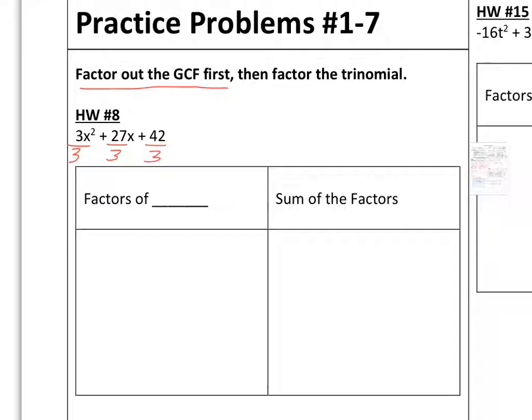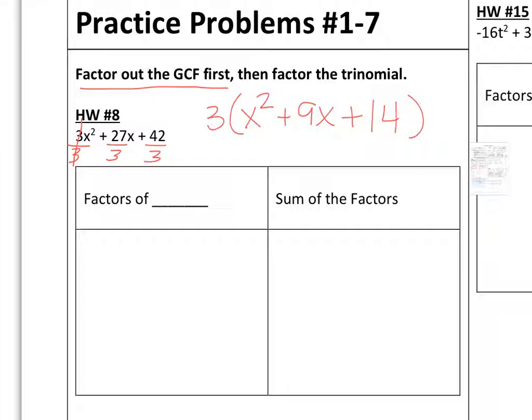And what we divide by goes out in front. And then we just divide that and see what's left. So 3x squared divided by 3. These 3's cancel, and I've got an x squared left. 27x divided by 3 is 9x. Don't forget your x there. And then 42 divided by 3 is 14.